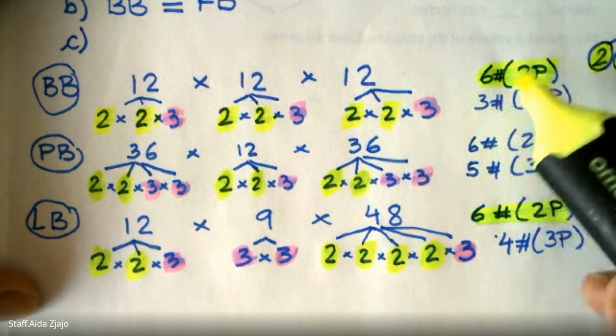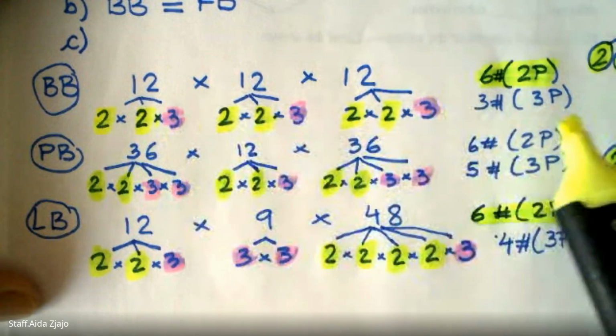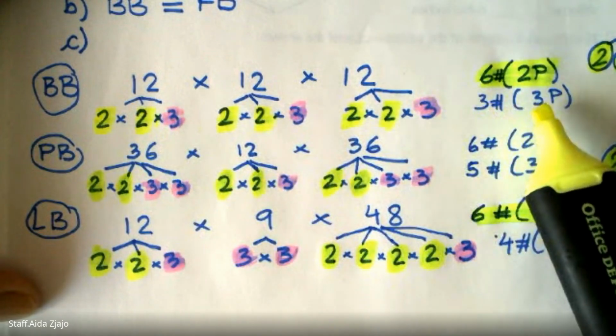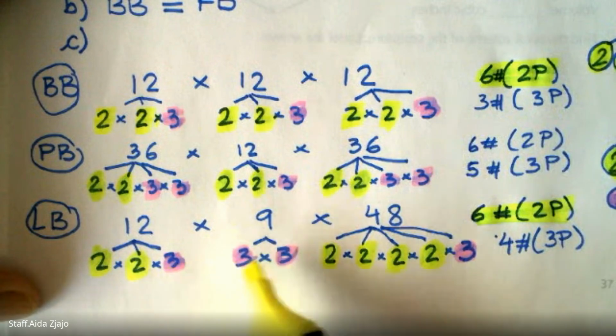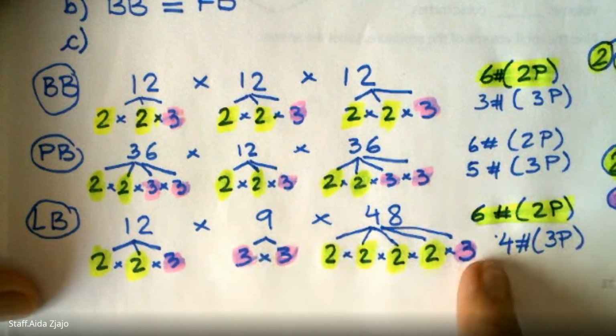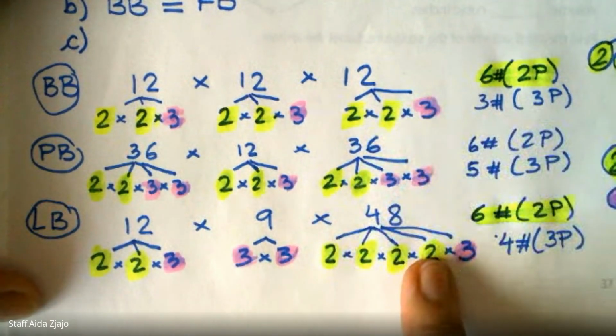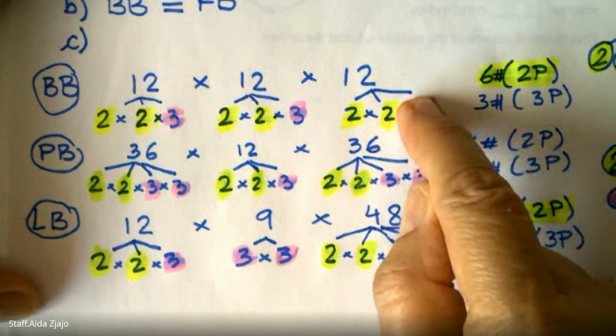But when you look at the prime 3, 1, 2, 3, this one has 3 prime numbers, and this one has 1, 2, 3, 4 prime numbers. So this number is 3 times greater than this. So this one has to be 1/3 of this.